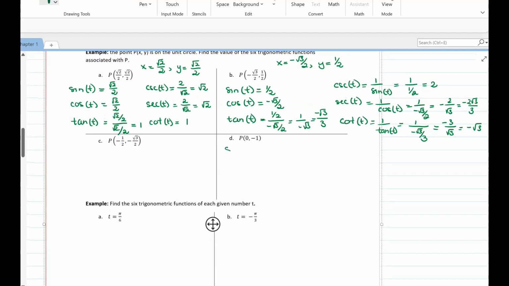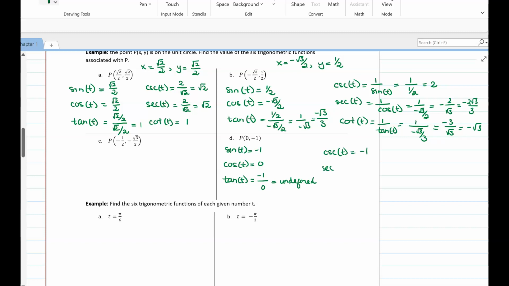Sine of t here in this case equal negative 1. Cosine of t equal to 0. Tangent of t equal to sine divided by cosine, negative 1 divided by 0. This is undefined. Cosecant of t equal negative 1.